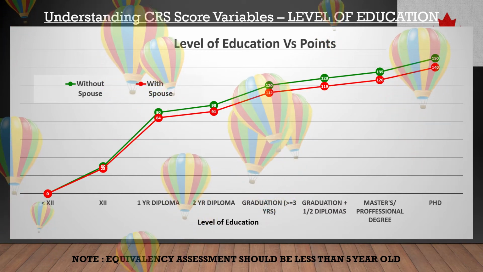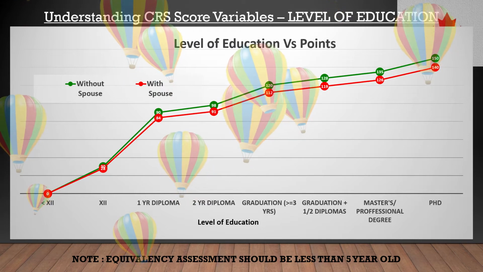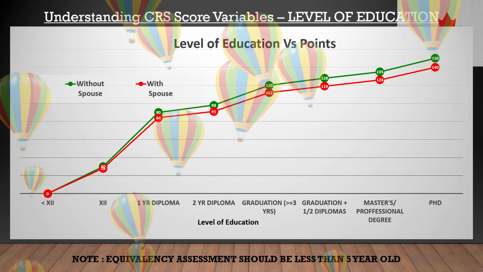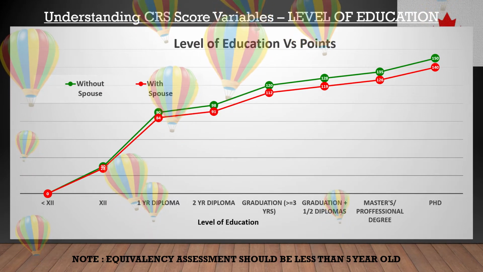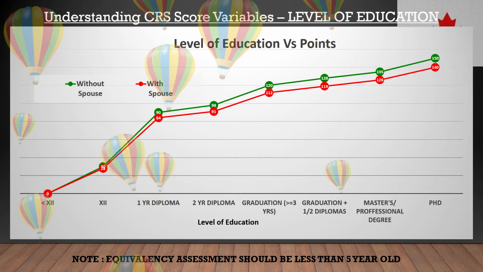The remaining 10 will be contributed by the spouse's level of education. Whatever I have marked as the level of education, please bear in mind that this has been assessed by an organization like WES, World Education Services.